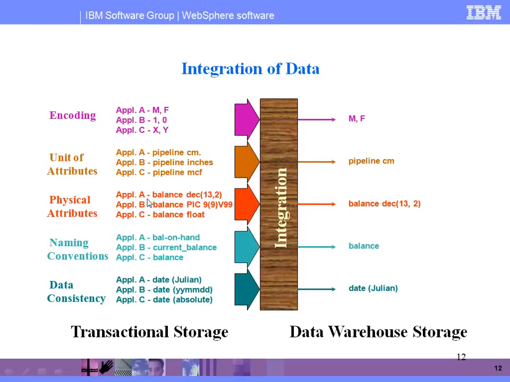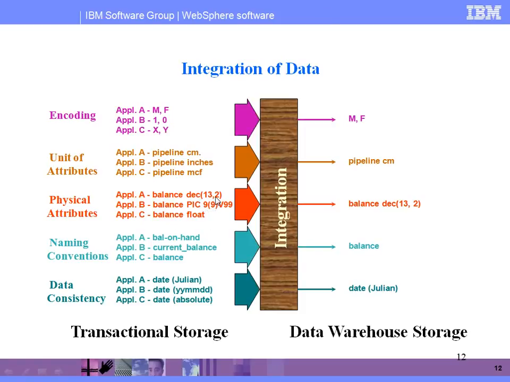Even here, with different data types, the column name is the same but the data is available in different data types. Some data is present as decimal, some as picture clause, which is mainframe data, and some as floating point.